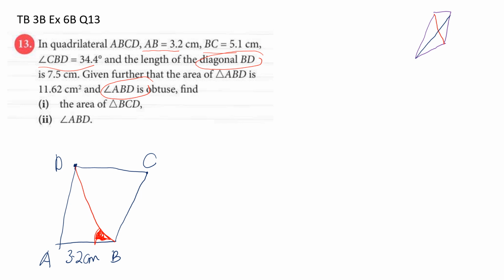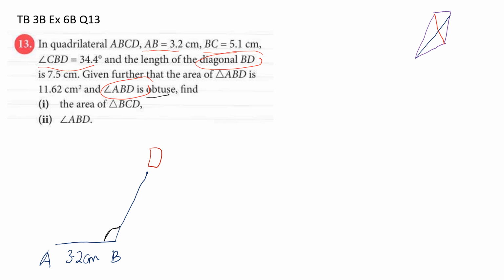So this diagram is not accurate. This point here should be my point D rather than point C. Then this angle would look more than 90 degrees, which is what is required in the question. It has to be an obtuse angle.